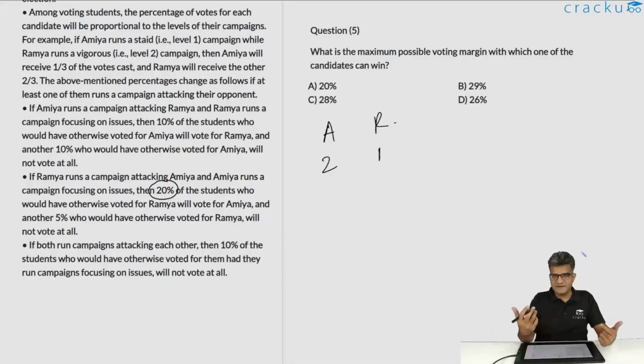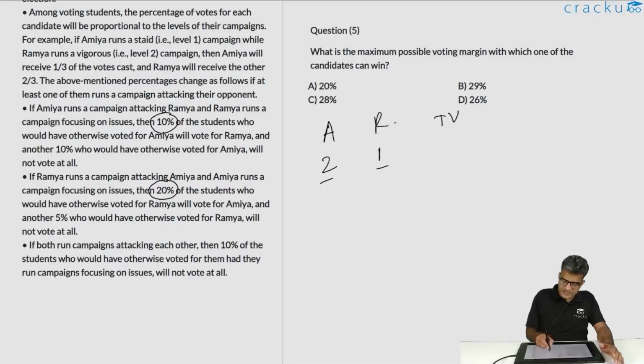If Ramya is campaigning and attacking the other person, 20% of the votes shift. In case of Amiya, only 10% of the votes shift. So we want Ramya to attack Amiya, and so we want more votes to go from Ramya to Amiya. So we would assume that Amiya is campaigning vigorously and Ramya is campaigning steadily.